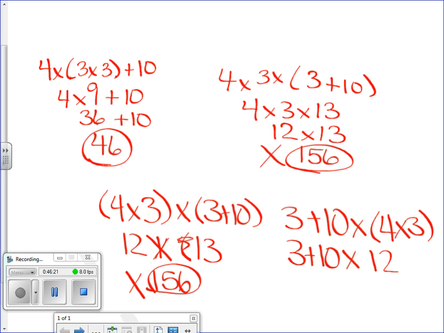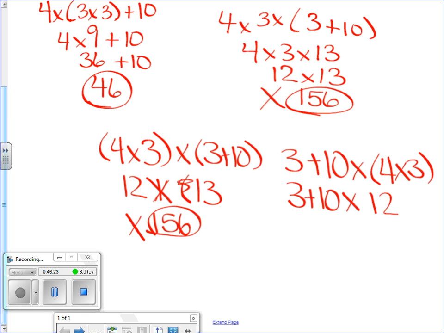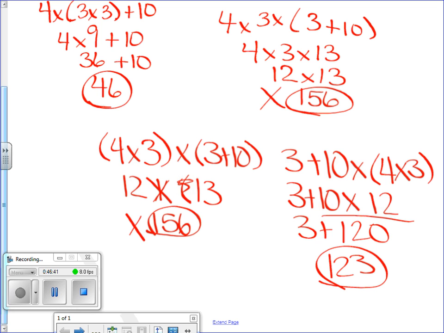Now, if you're telling me that it's 156 again, it is not, because you multiply before you add. So this is actually 120 plus 3. So your answer is actually 123.